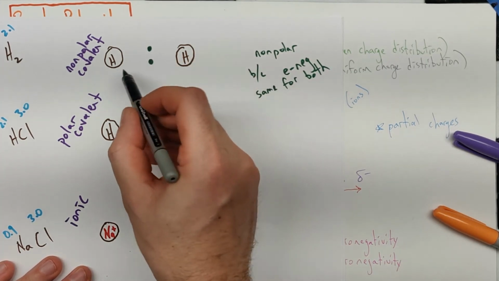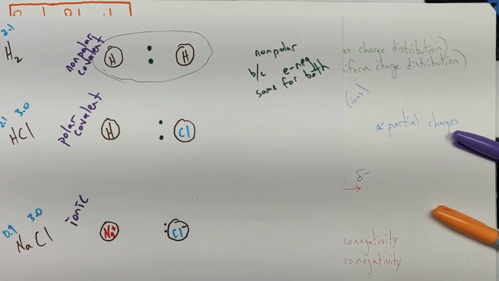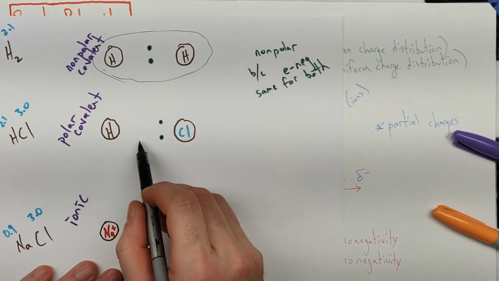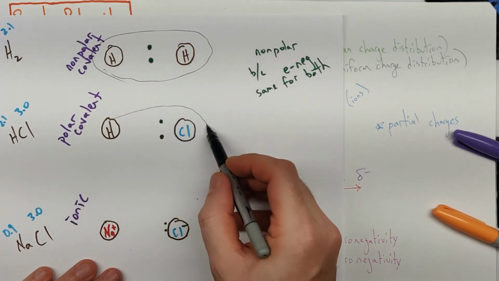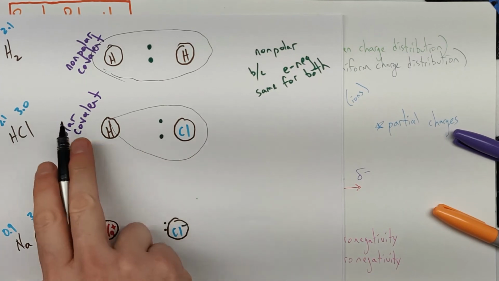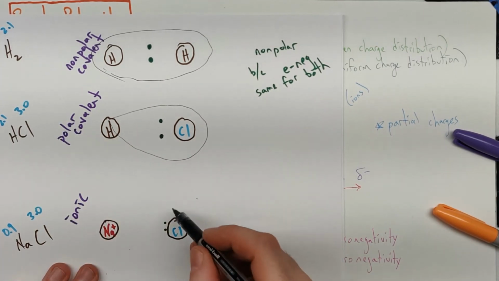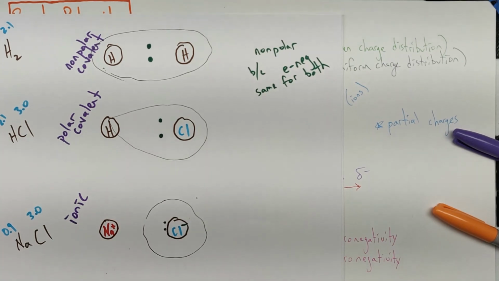Those electrons are moving, but in the big picture, they're moving uniformly within that area. In this particular case, the electrons are moving, but they're spending more time by the chlorine, so the charge density is going to be higher on that chlorine. We're going to have more of the electrons spending more of their time over there. And then over here we have this situation where the electrons are just plain over there, making it negative.